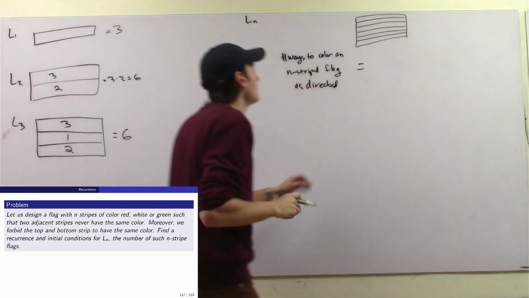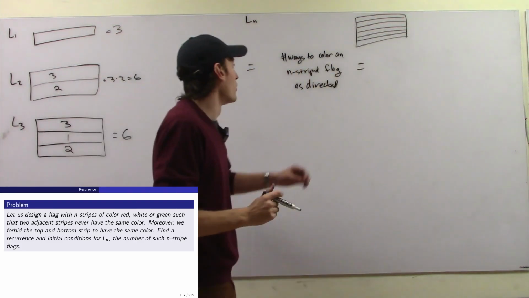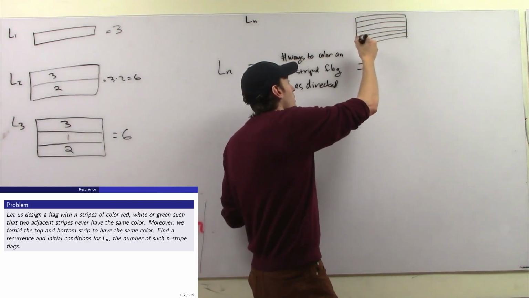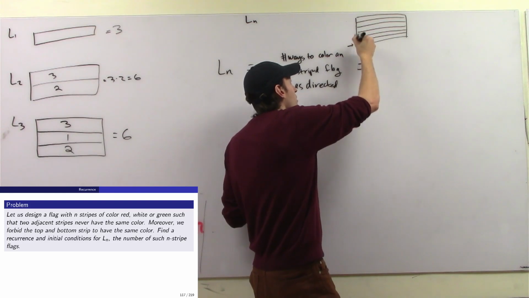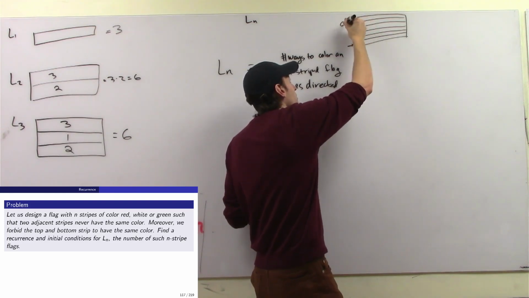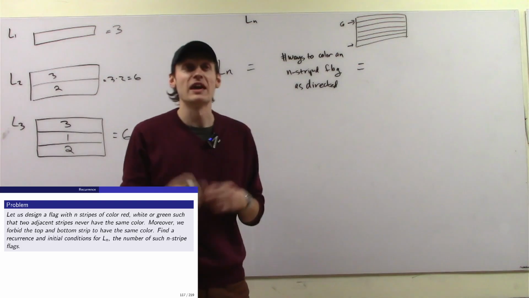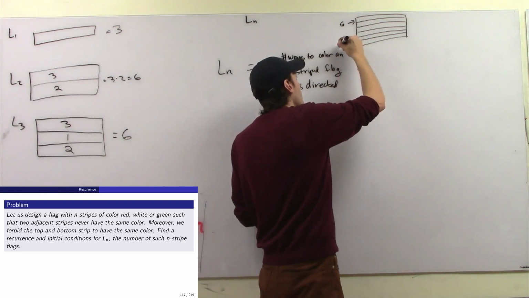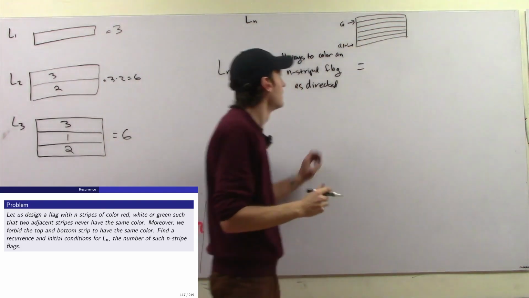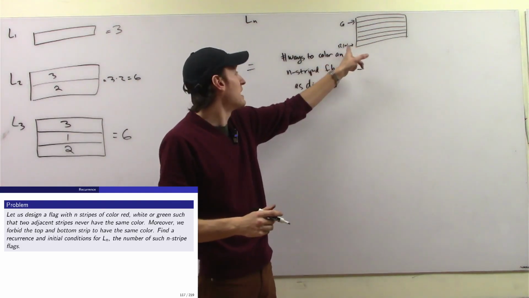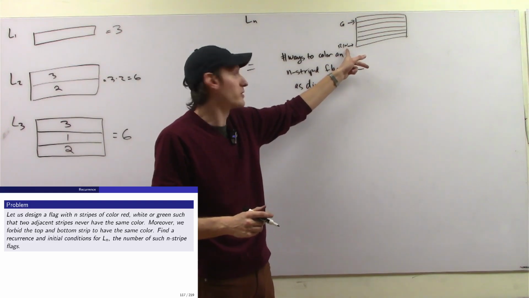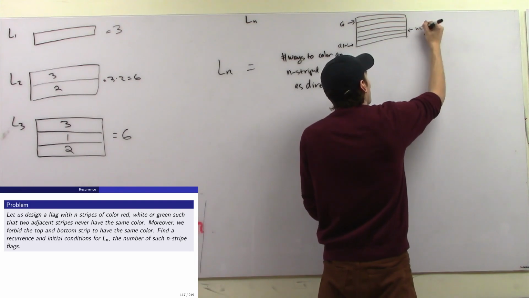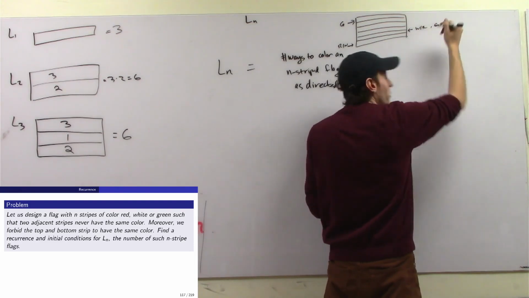So in this setting, suppose the top is green. The bottom one can't be green, right? This one right here is either red or white, okay? And this one right above it can be either red or white, the other color, the other option here, but it could also be green.